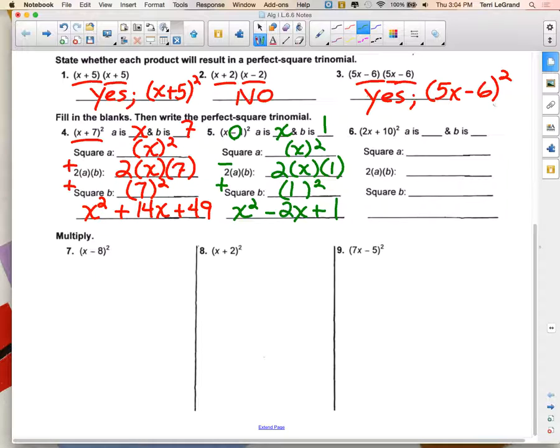Okay, you go try number 6 on your own. Fill in the a, fill in the b, decide if it's going to be the plus 1 or the minus 1.